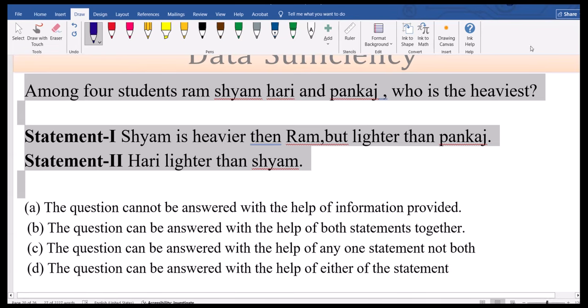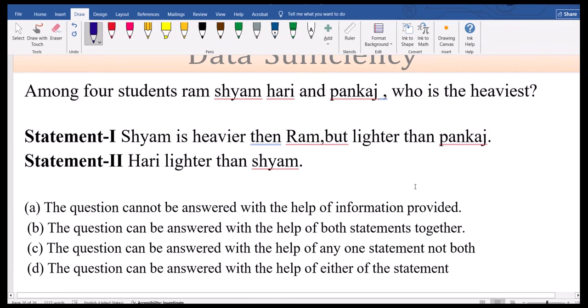Who is the heaviest? Can statement 1 alone do it? 2 alone not possible. 1 alone not possible.